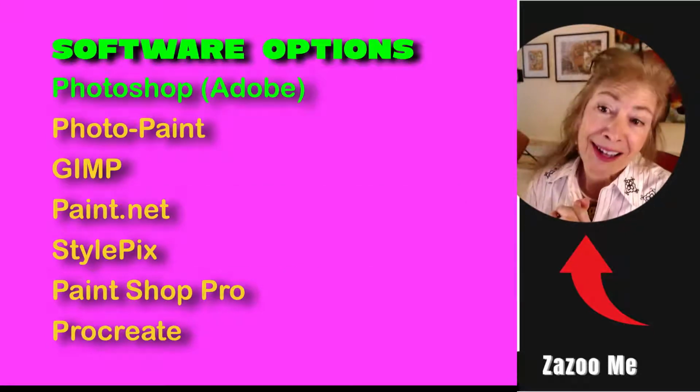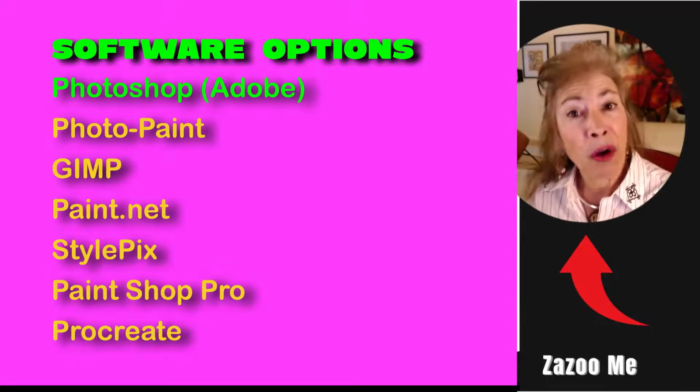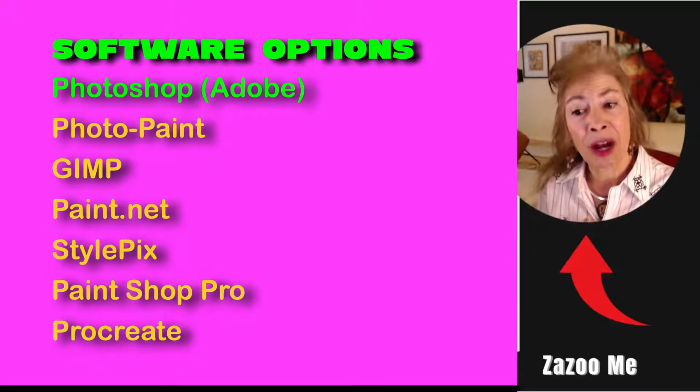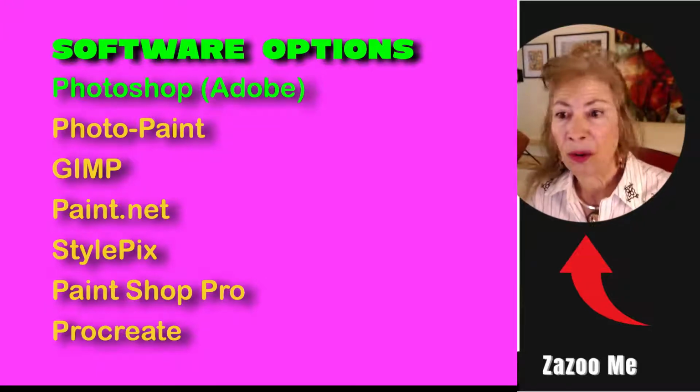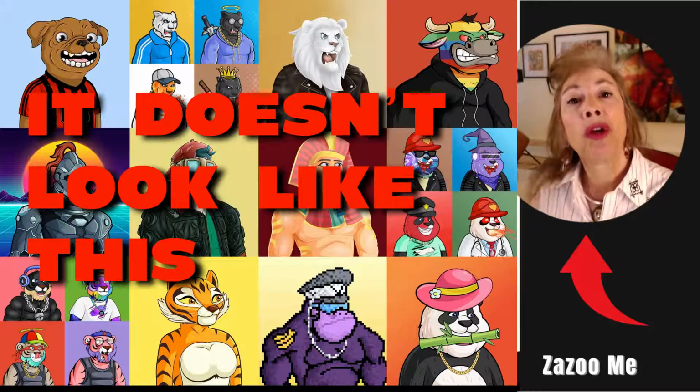Software options besides Photoshop would also be Illustrator, Photo Paint, GIMP, which is a very good one and it's free, Paint.net, StylePix, Paint Shop Pro, and even Procreate, which is for iPad. So there are quite a lot of options to create your artwork.